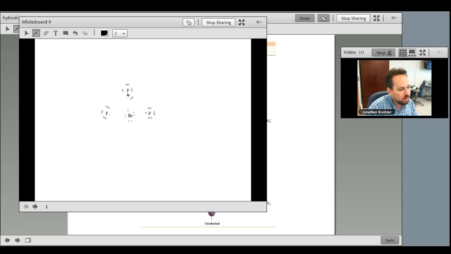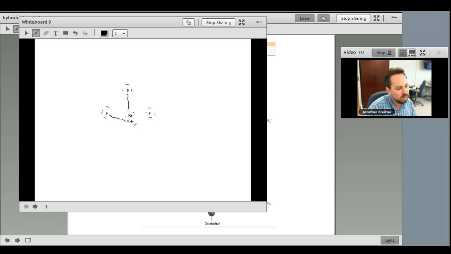I can pair these two here, obviously. But then I'm stuck. I can't pair anything else. So to be able to pair anything else, I have to split a pair. So I'll just split the pair on the bottom. And once you split a pair, you have to do something with the other electron. So I split the pair on the bottom of the bromine so I could pair one electron with the fluorine.